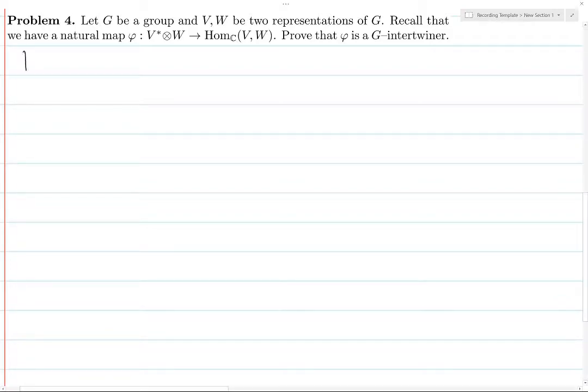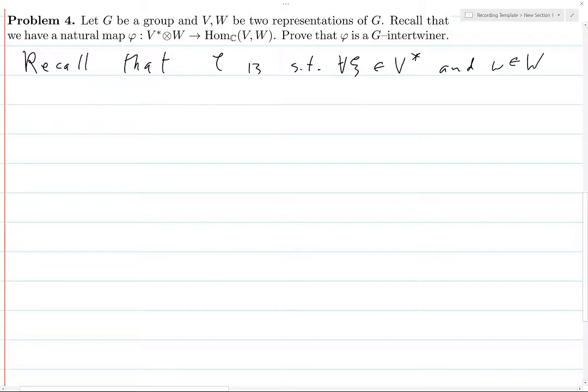So recall that phi is such that for any xi in V star, which is V dual, and for any w in W, we take xi tensor w, and this is the map.